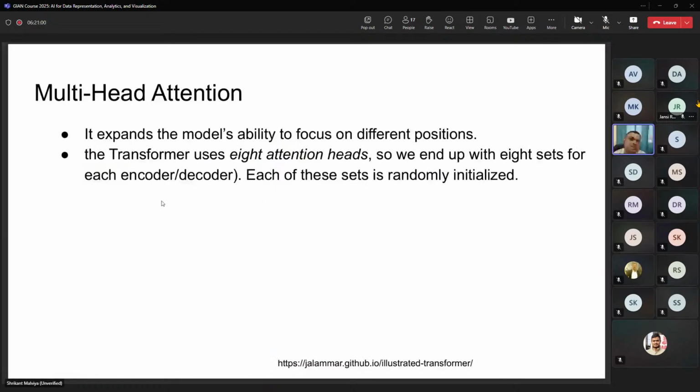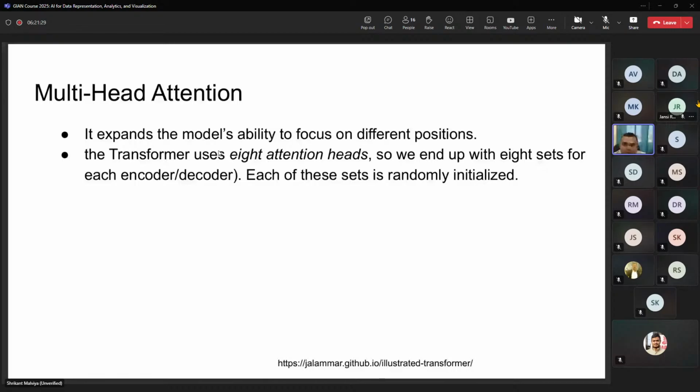And this is multi-head because we are applying the query vector through multiple divisions. We do not apply only one query vector; we divide the size of the query vector into much smaller sizes. Why is it so useful? It expands the model's ability to focus on different positions or different perspectives.